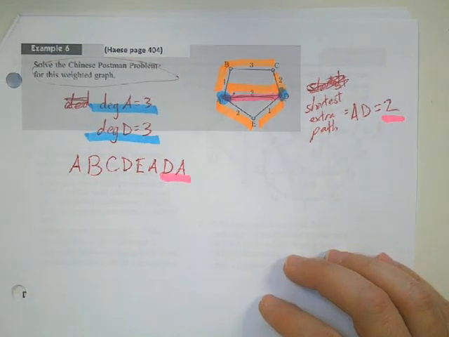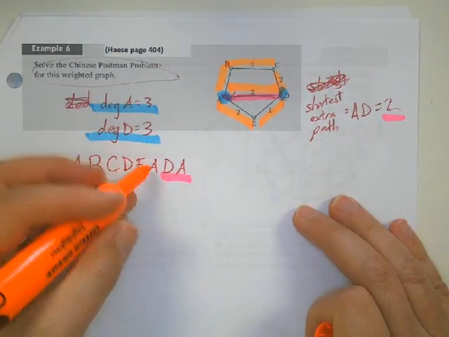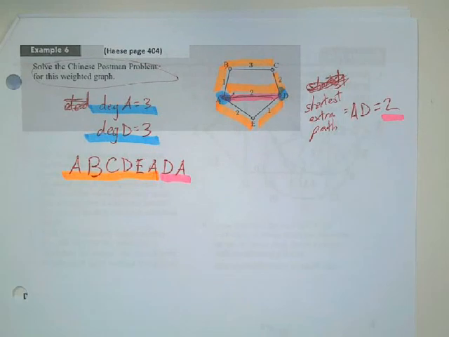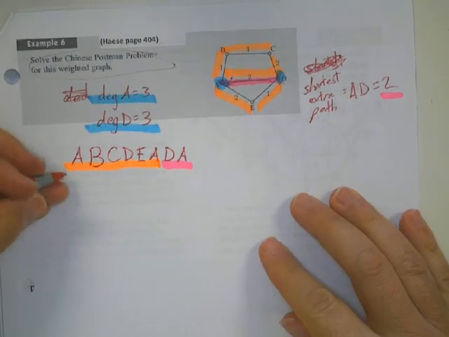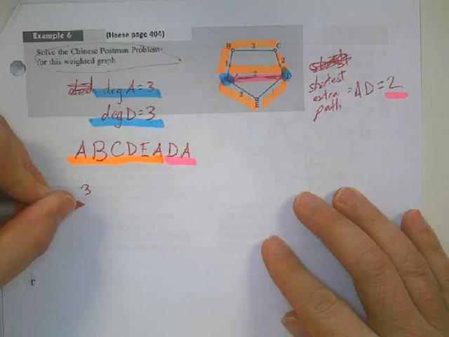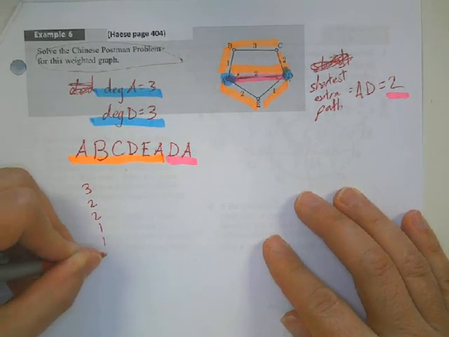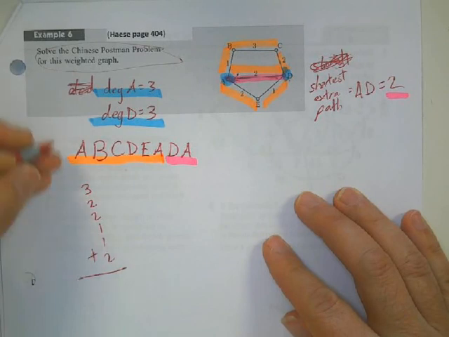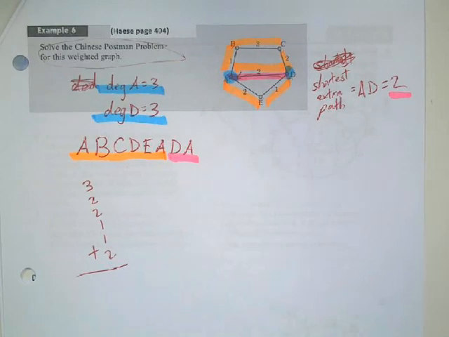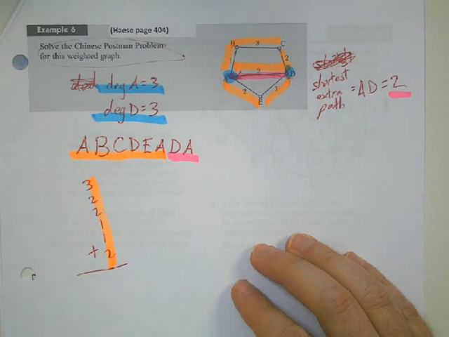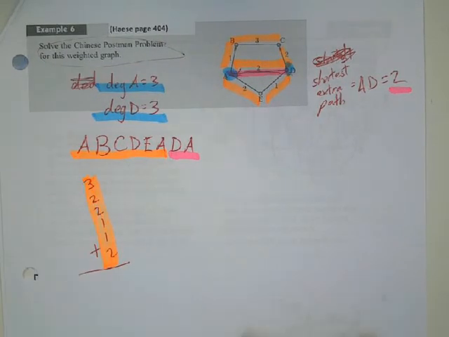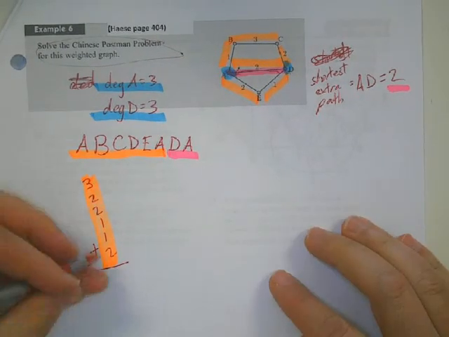Anyways, so all of the orange routes, if I add them together, we've got 3 plus 2 plus 2 plus 1 plus 1 plus 2. If I add all of those together, all of the orange ones, that adds up to 11.